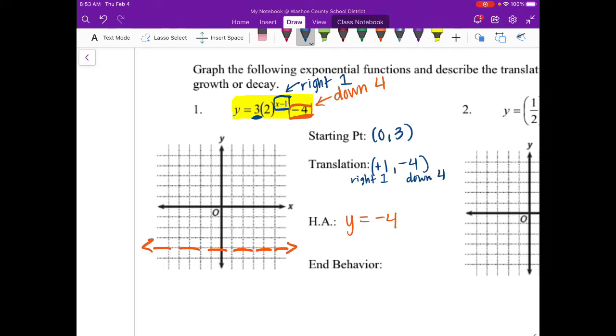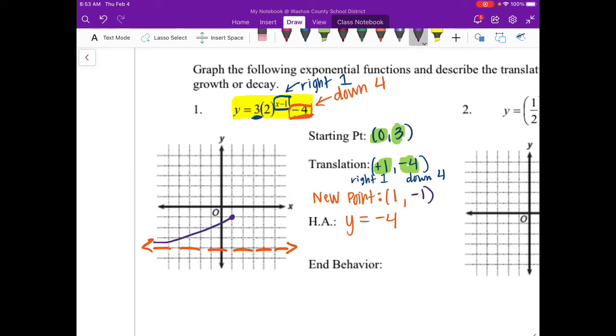When I apply that, I'm going to apply it to my starting point. So really 0 plus 1 would give me my new starting point. 0 plus 1 is 1. And then again, I would go 3 minus the 4 would give me a -1. So really this graph has a new starting point at 1, -1.